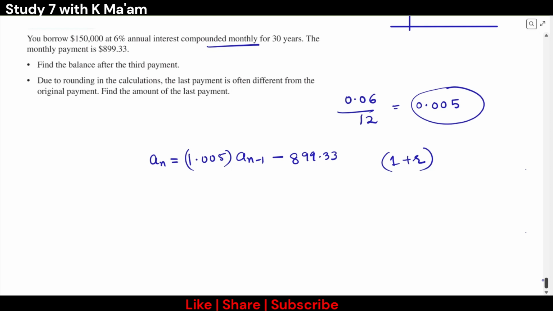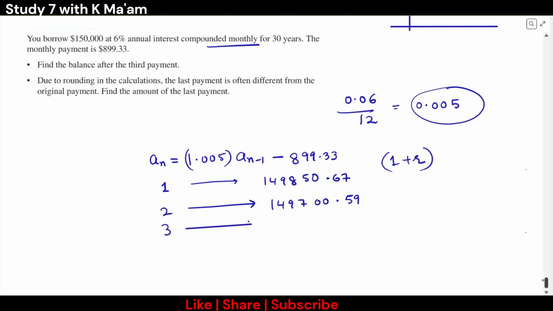We have to substitute the values one by one, and then we can calculate. So after the first payment, the balance will be 149850.67. After the second payment, 149700.59.